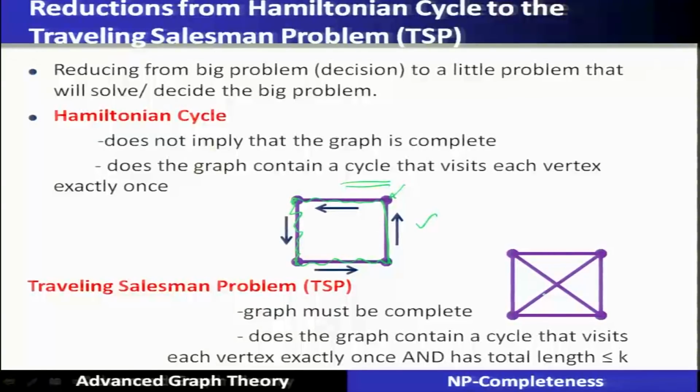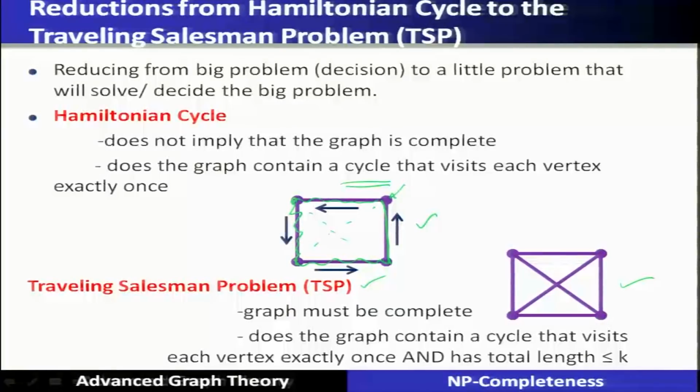About the problem setting in a traveling salesman, the graph must be complete. That means the missing edges which are not there in the Hamiltonian graph are to be present to make the graph complete.